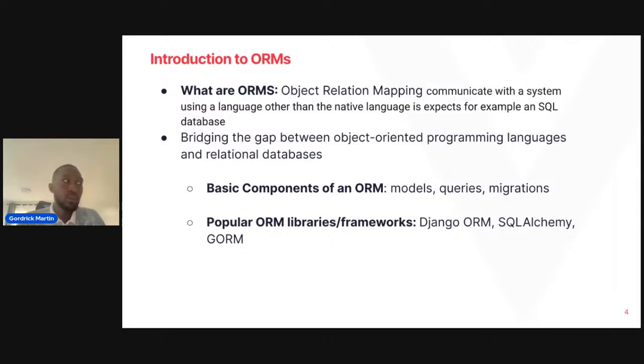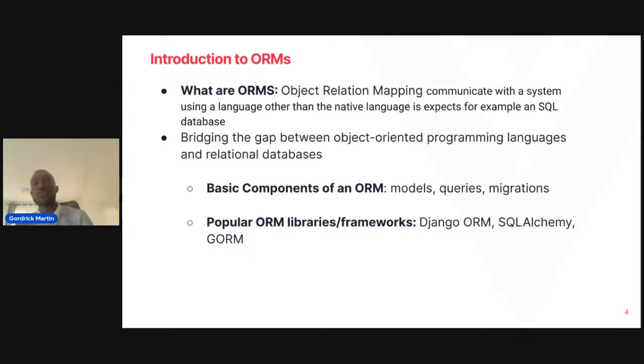This is a way to communicate with a system without using the native language. As an example, we're talking about an SQL database: Postgres, MySQL, Cassandra. You want to attach your backend application to that native system without going into learning SQL. That's what ORMs are built for.